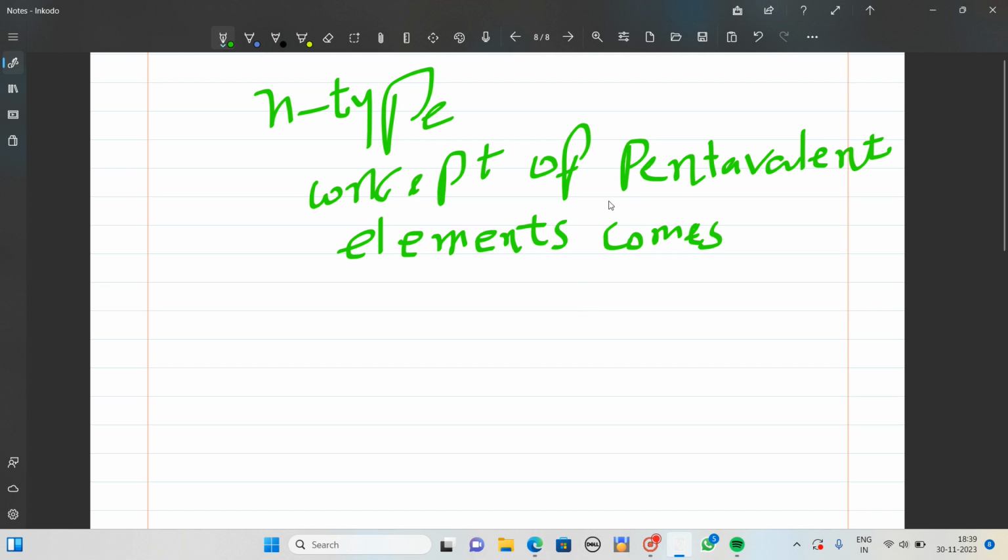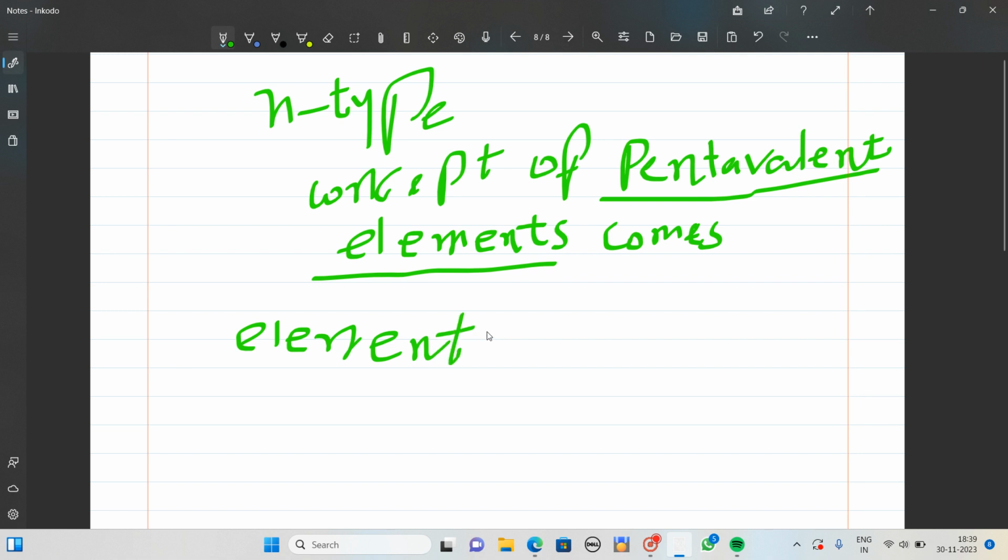By pentavalent elements, what do we mean? Elements having five valence electrons.